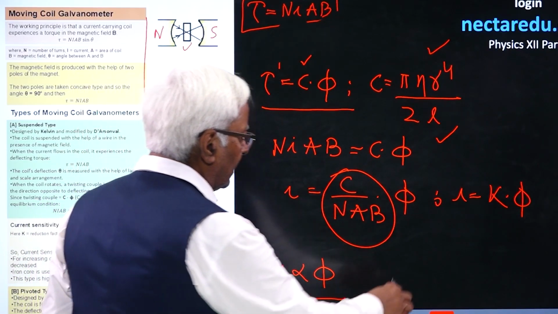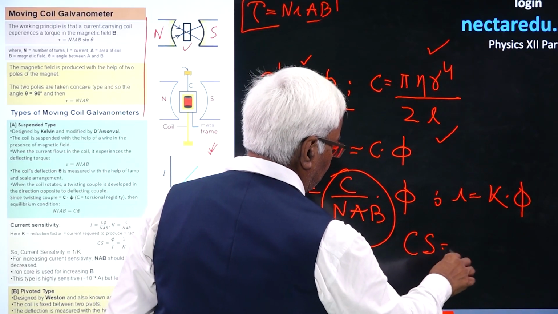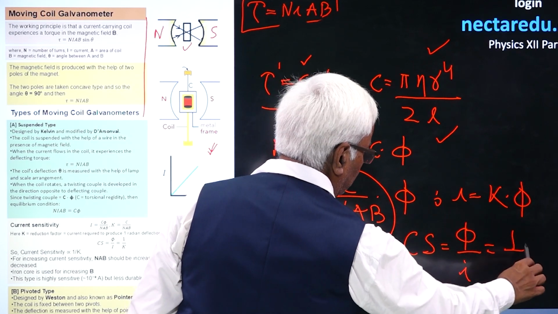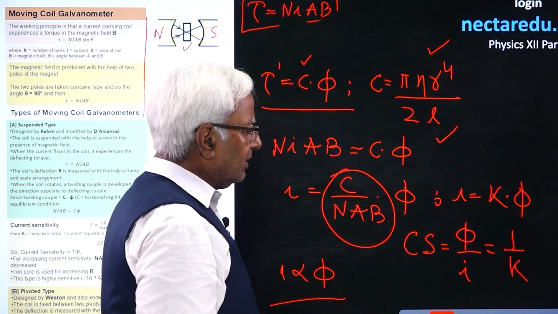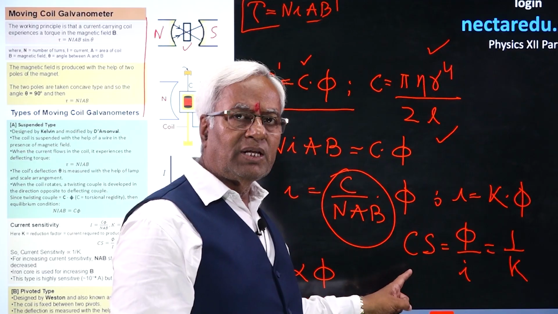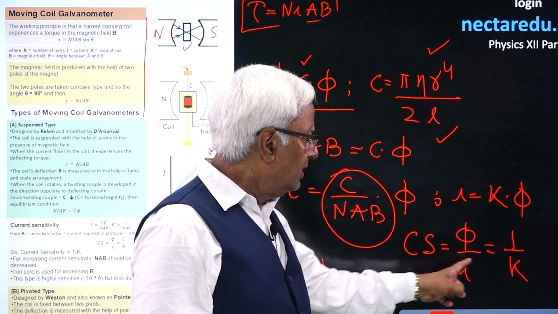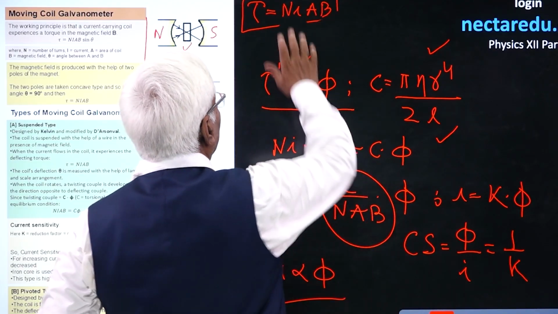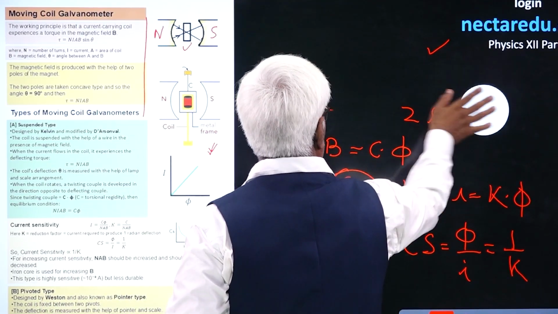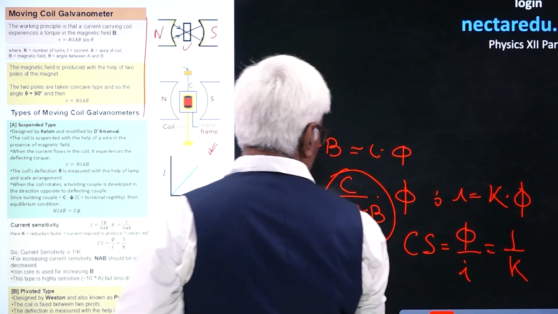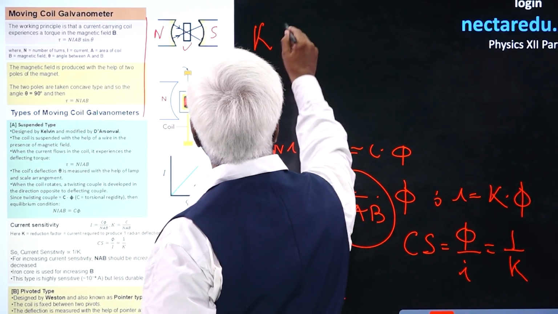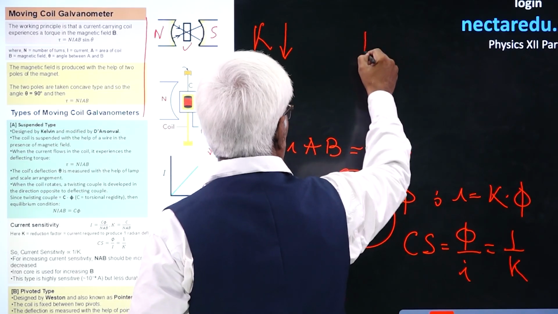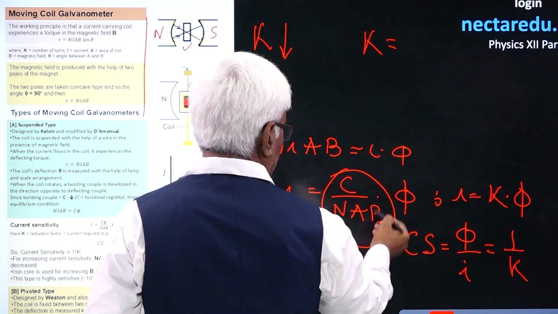Current sensitivity is given by deflection per unit current, and here it becomes 1 upon K. You want to increase the current sensitivity of galvanometer, you have to decrease the value of K. Obviously, we would like a galvanometer of greater current sensitivity, and for that we have to decrease the value of K. K is given by C upon NAB.